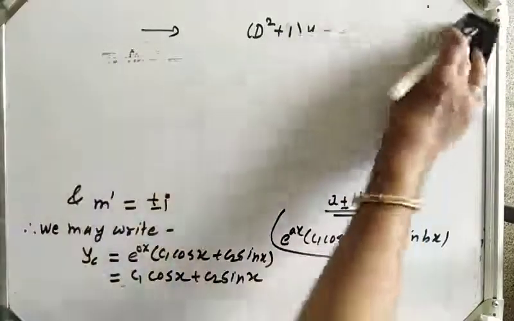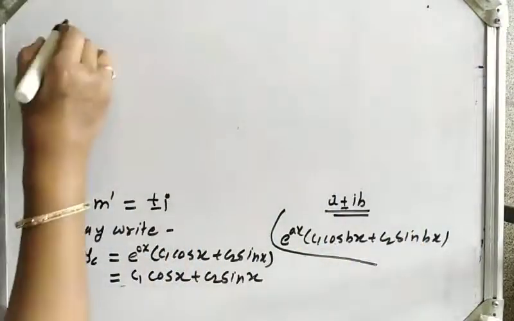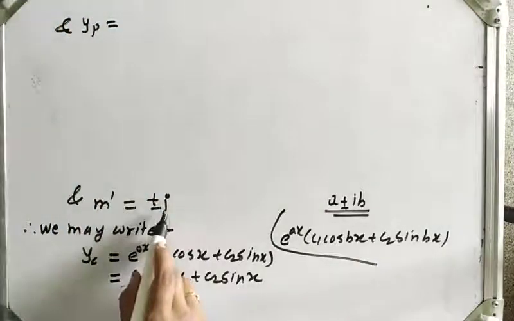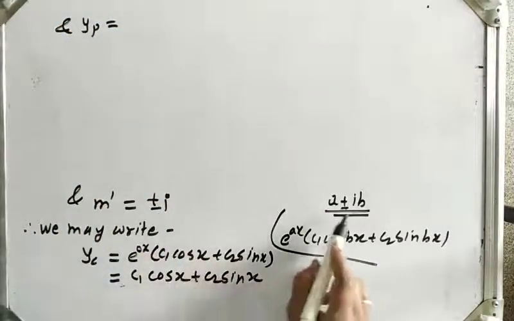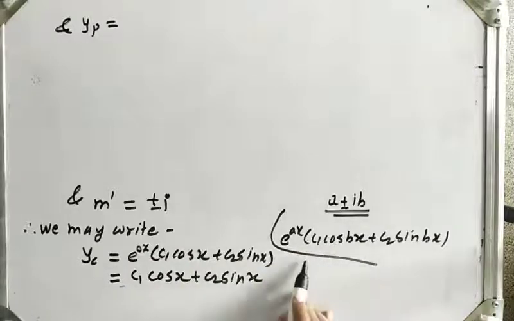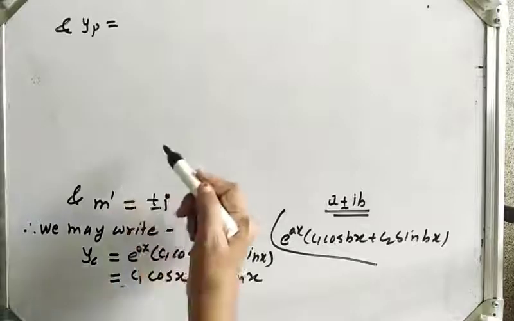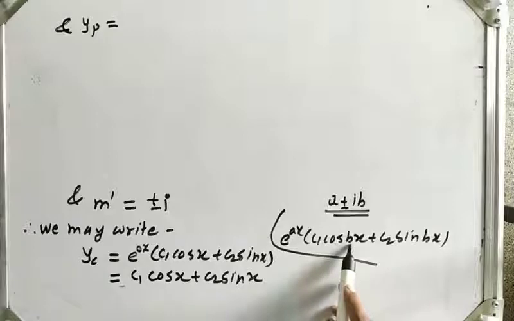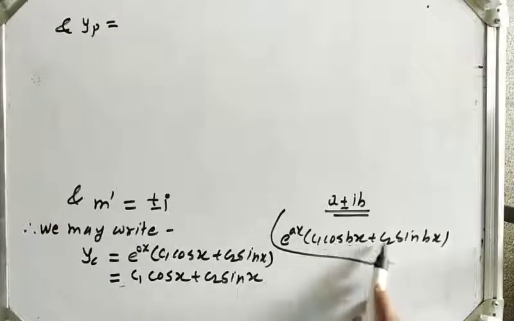And yp will be, we will write yp from this m dash, that is plus minus i. Here m is plus minus i, m dash is also plus minus i. Here b is 1, so c1 cos x plus c2 sin x, but the root is repeated.